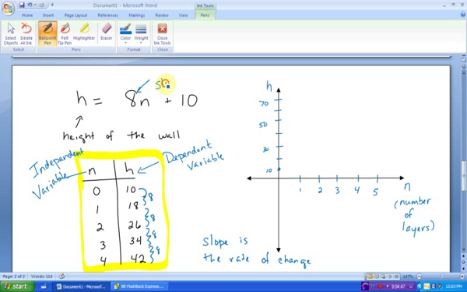Okay. Now, where do we start out? When we have no layers of bricks and just the foundation sitting down there, how high am I off the ground? Well, I'm 10. That's my starting point. Okay? The point 0, 10. This is called the y-intercept. Okay?